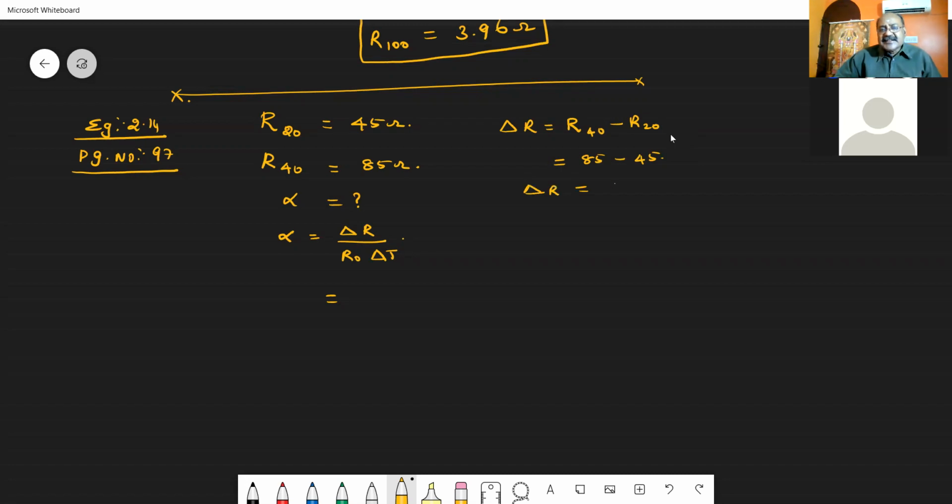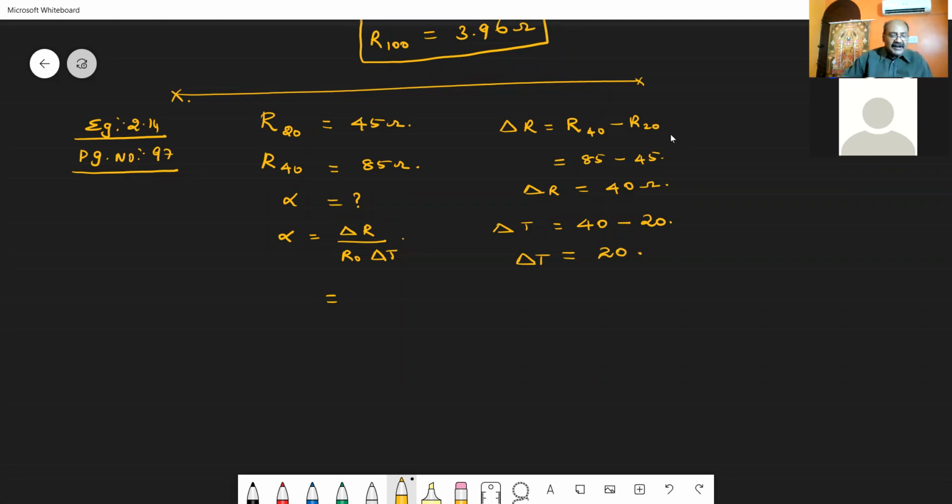So change in resistance delta R is equal to 40 ohm. Similarly, what is delta T? Delta T is the change in temperature. Higher temperature is 40 and the lower temperature is 20. So delta T is equal to 40 minus 20, which is 20.